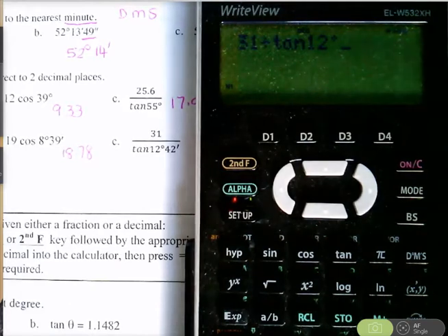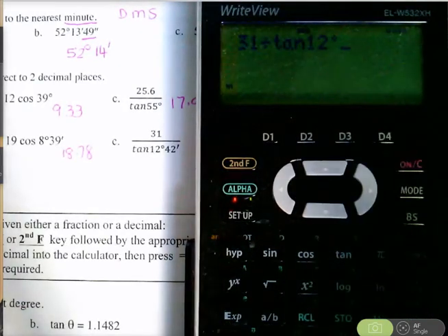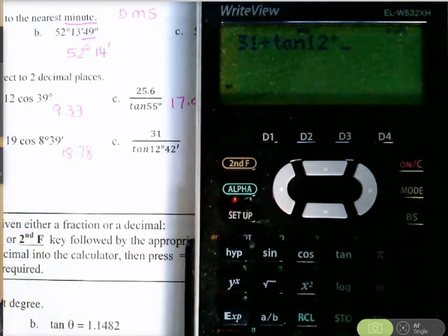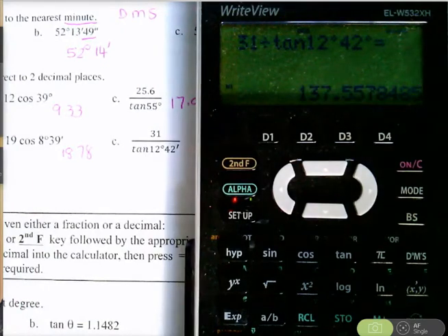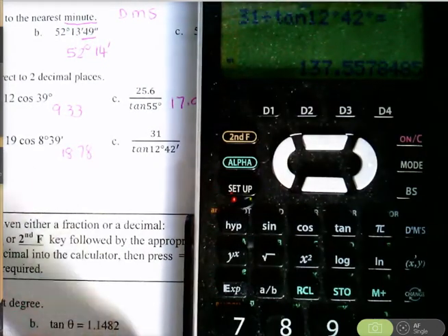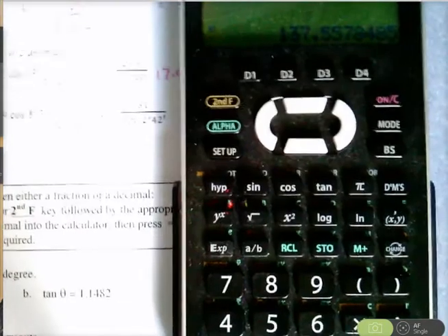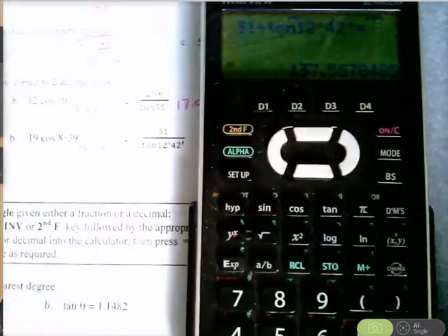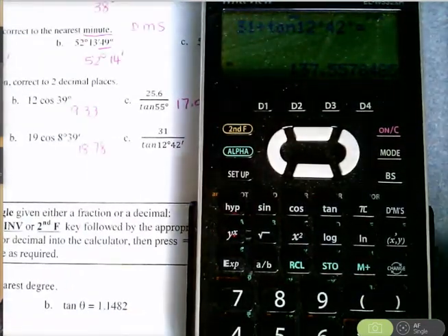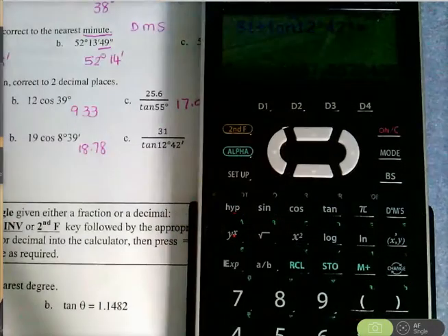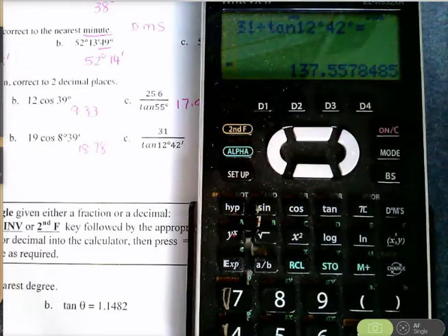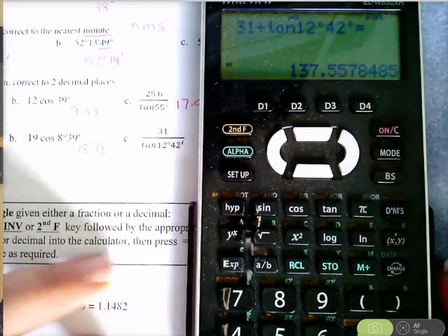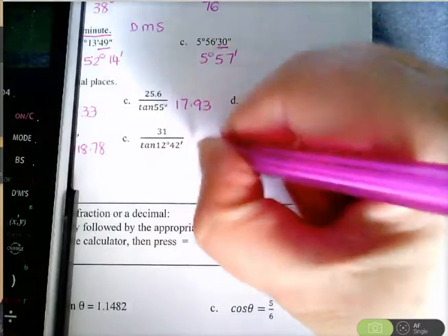Sun's just gone down, that's why. 31 divided by tan 12, press the DMS button, and 42 minutes, press the DMS button again, and you should get 137.5578, which would be 137.56 to 2 decimal places.